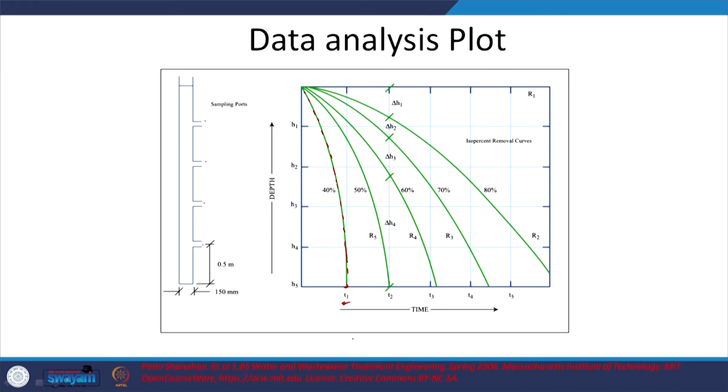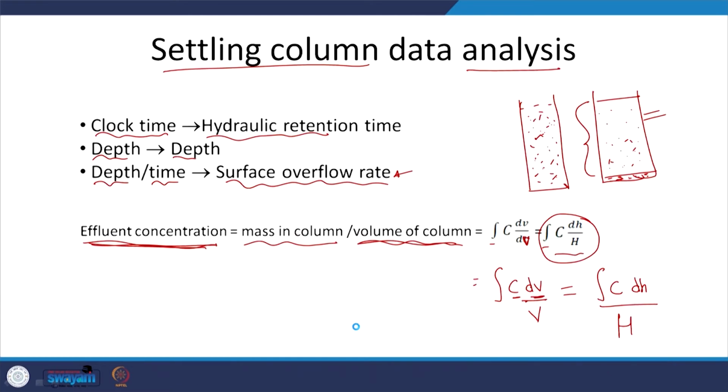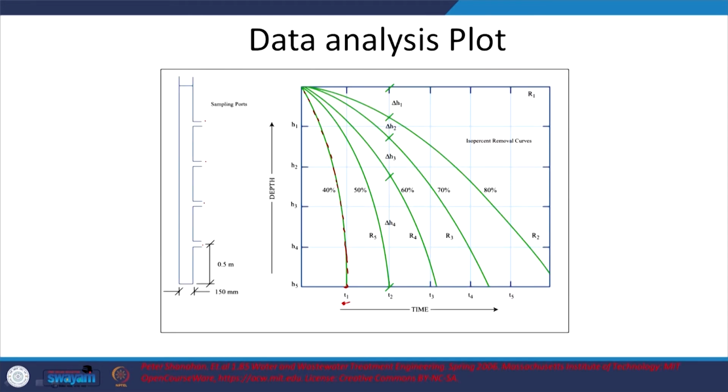We already looked at depth by time giving me the surface overflow rate. But as you can see, at this time it is not only 50% removal; you have different fractions of removal at different stages. So, how do I take this into the picture? Let us see how the equation came about.